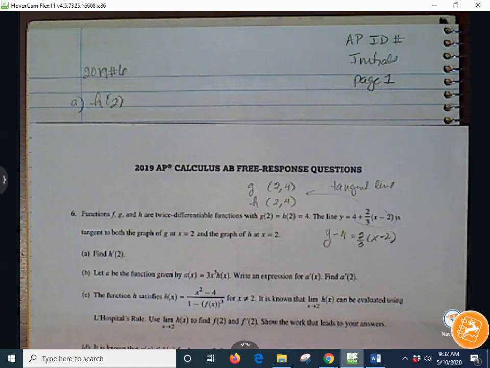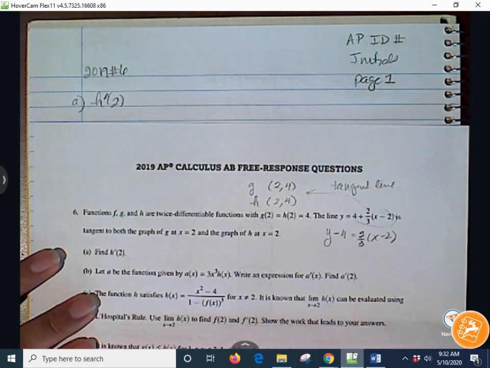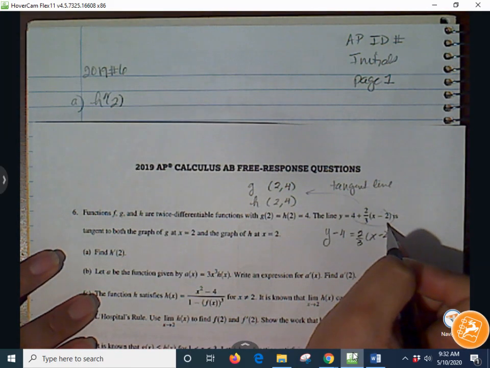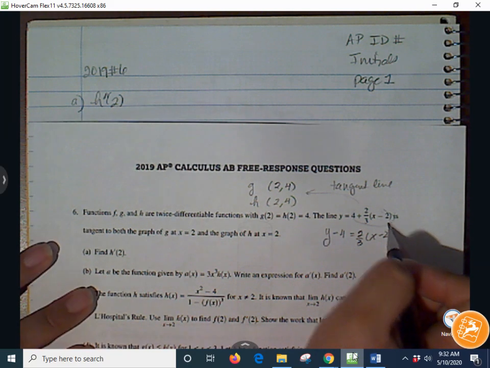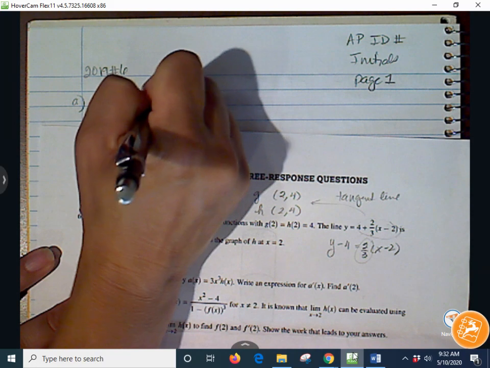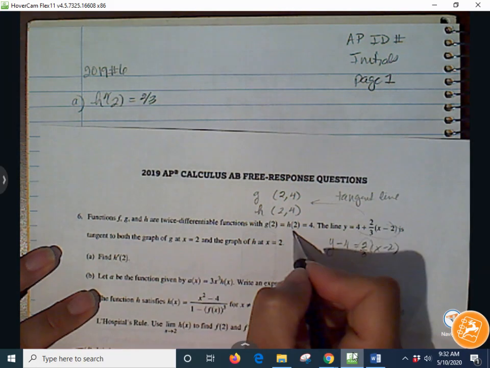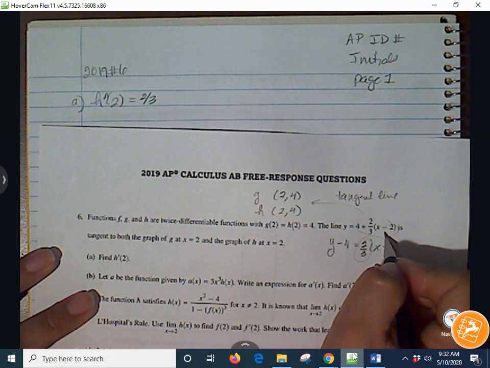Okay, well, h prime of 2. Well, they don't give me a function to find the derivative, but they did give me a tangent line. And the slope of the tangent is the derivative. So that means that h prime of 2 is equal to 2/3, because this is the point 2, and this is its tangent line, so that slope is 2/3.